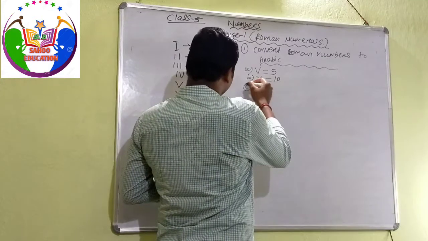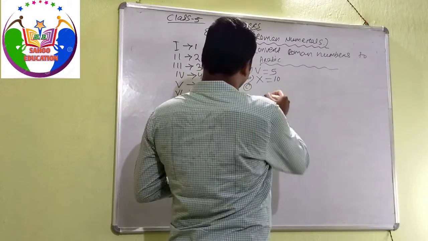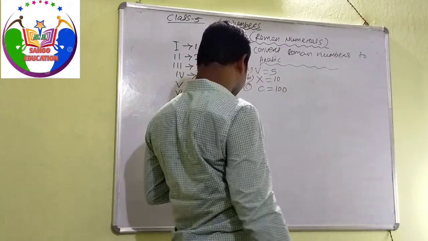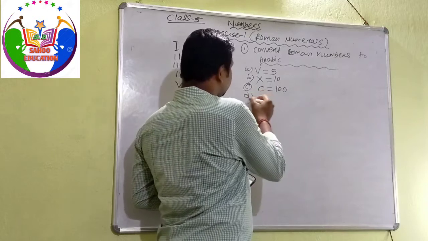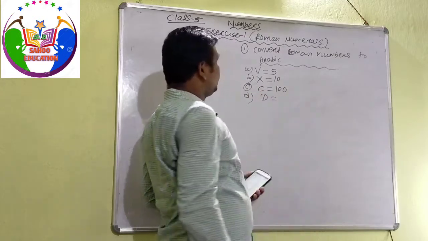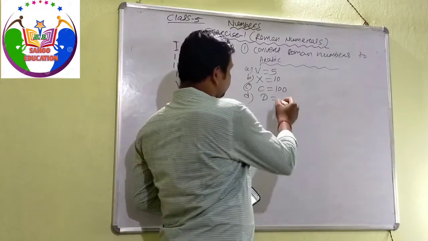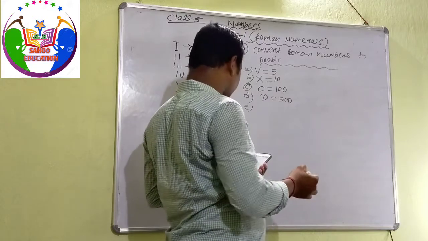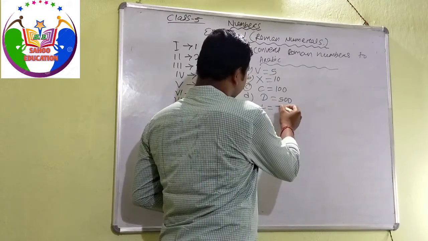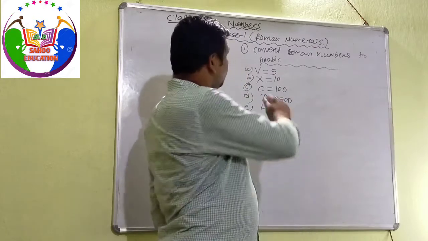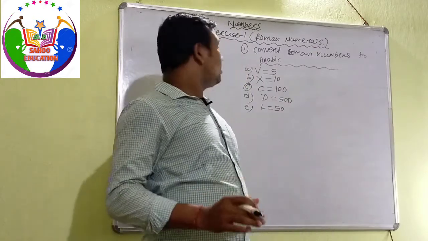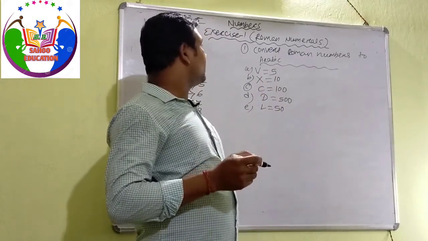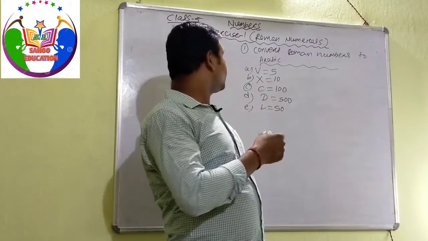Then question number C, that is C value is equal to 100, and D, it's written capital D, which is equal to 500, and E is given L. L stands for 50. Okay, this type of question will come when any Roman numbers are given, we have to convert them into Arabic system like this.